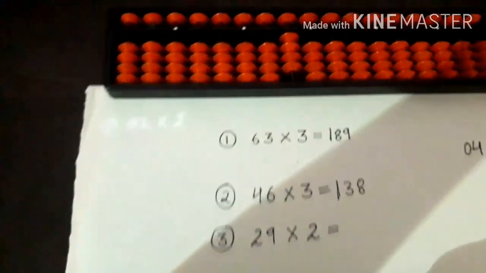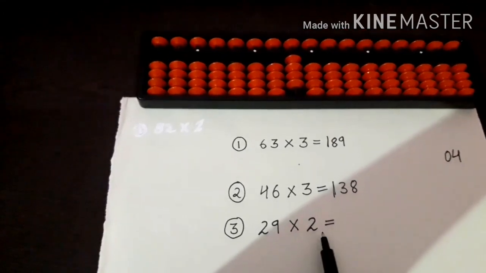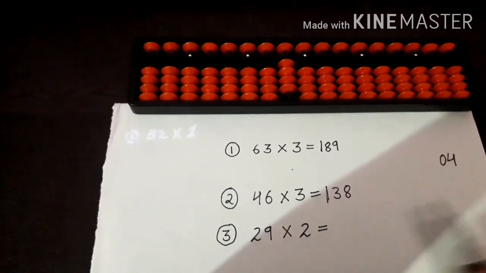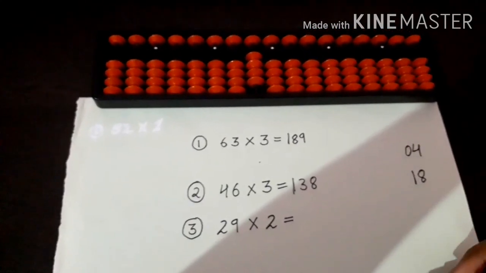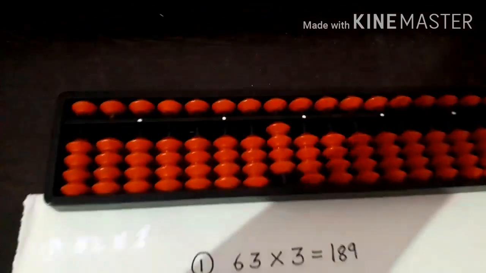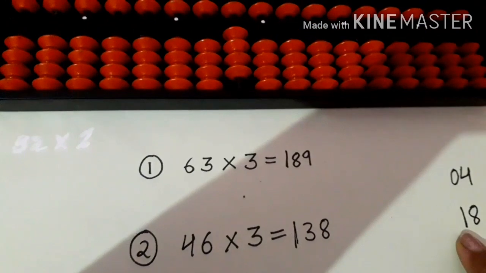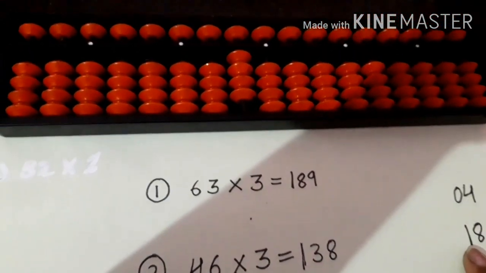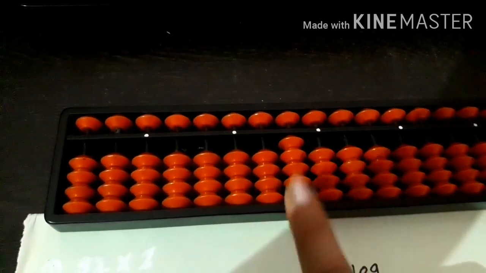Now the next step is you have to multiply the second number with 2. So 9 2s are 18. Now this 1 will go in the tens rod, and this 8 will go in the units rod. So now see on the abacus. For 18, you have to put 1 in the tens rod. But see, 1 is not there. So what do you have to do?